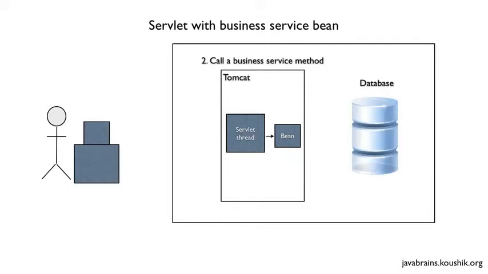There is another bean which takes care of connecting to the database, retrieving the results and all that stuff. So it publishes some methods. Now the servlet does not prepare the food itself. It does not connect to the database itself. It calls a method of the bean, and now the bean connects to the database and returns the response data.